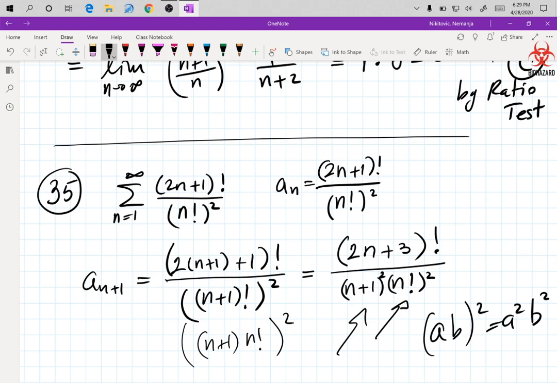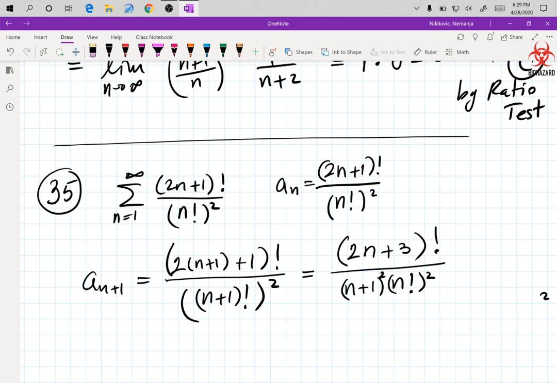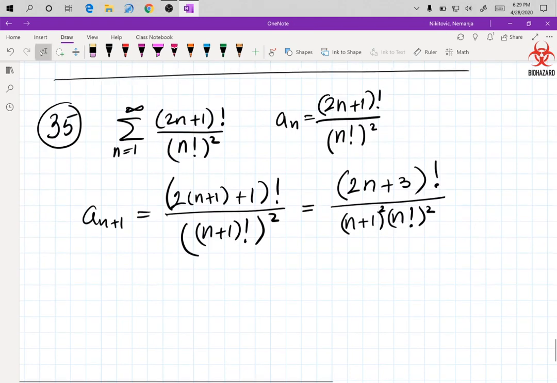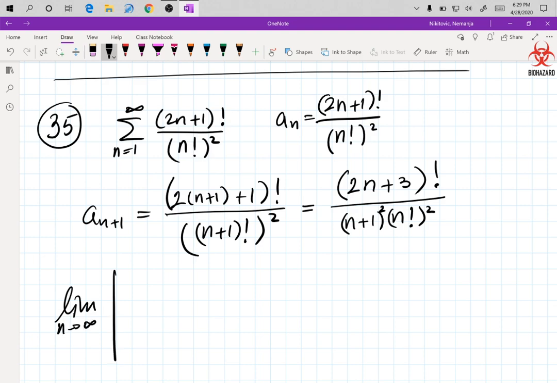So where do you usually trip? You trip on this stuff, right? You know calculus, you know limits, you know integration, you can do partial fraction decomposition and all of these crazy things, but then you can't deal with a square. So limit as n goes to infinity, absolute value.